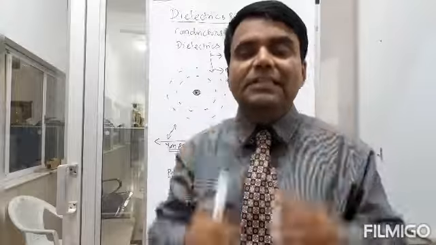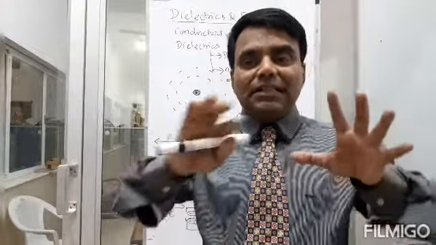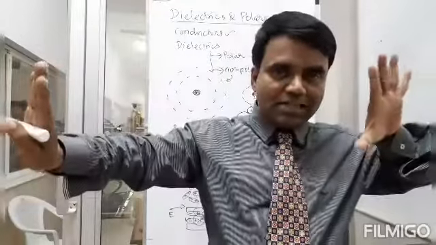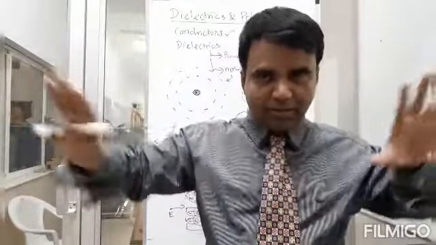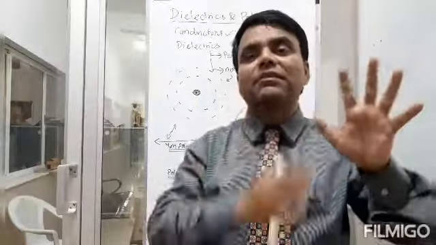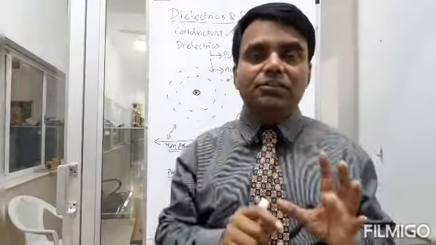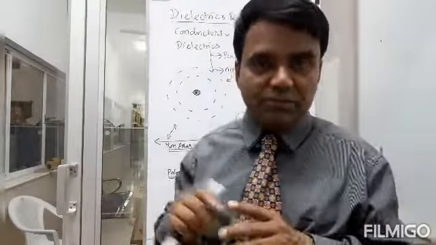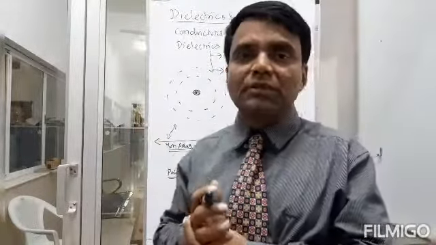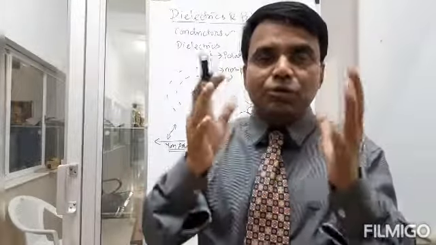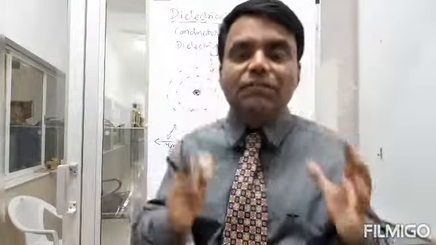What happens in the case of conductors is that the electrons will move in such a way that during electrostatic equilibrium, the net field inside can be cancelled. Okay, net field is 0. We'll tell you why that net field is 0. I'll draw the picture shortly, but I want you to understand this qualitatively.